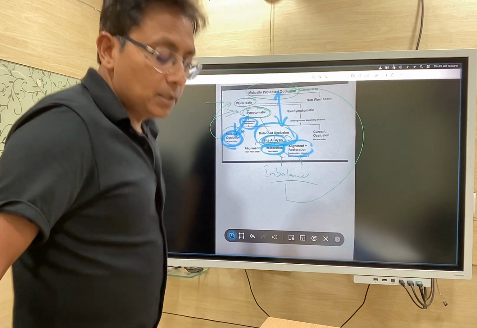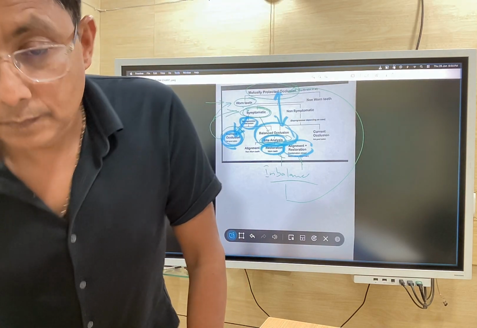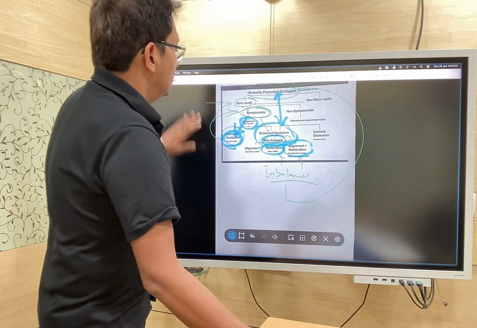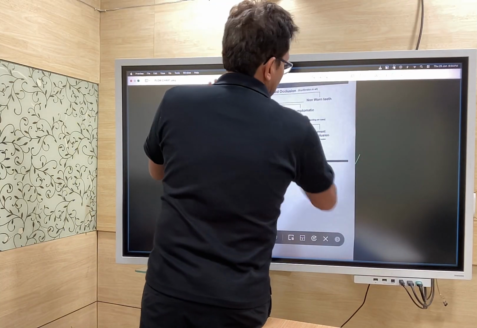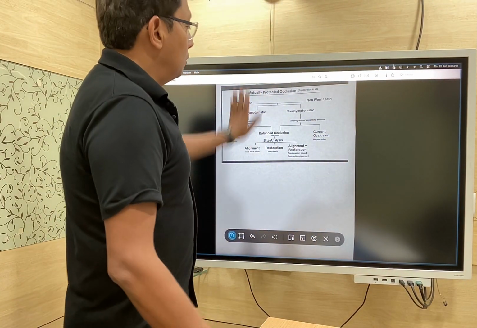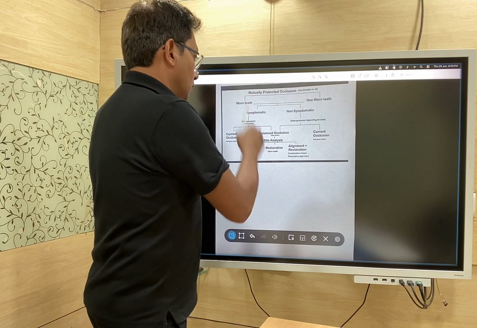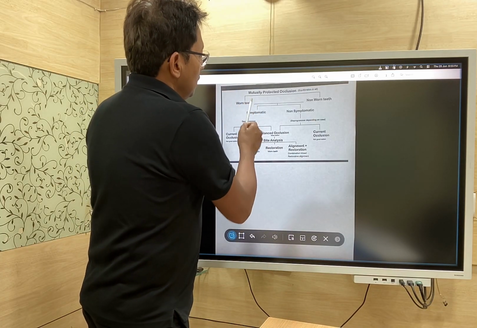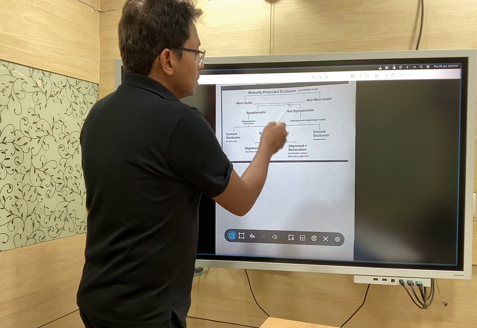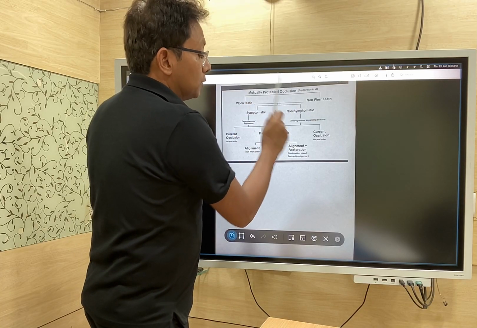So treatment is clear. Okay, this is a complete flowchart, but today I have explained for worn symptomatic status. If they are worn non-symptomatic, I will explain in the next video.